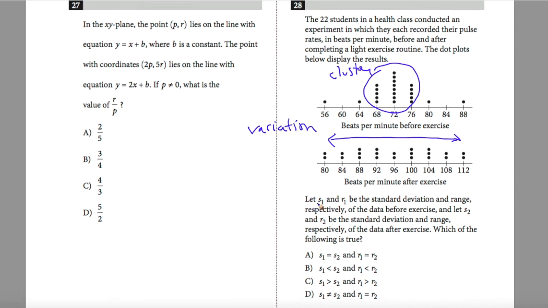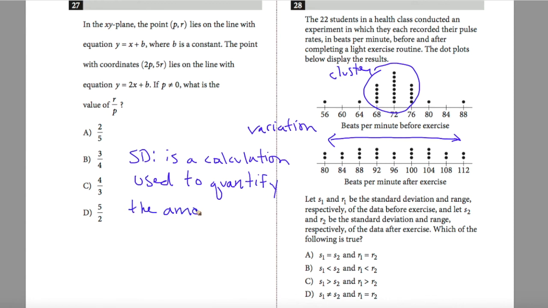It says, let S1 and R1 be the standard deviation and range respectively. Very briefly, standard deviation is a calculation used to quantify the amount of variation within a data set.